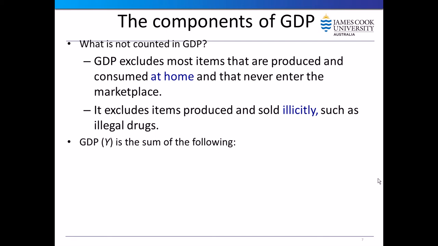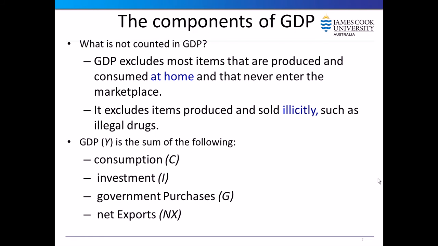And for GDP, we can classify it into 4 components. Consumption is, for example, the milk and bread that you purchase every day. Investment, investment by the firms, or you purchase a new house. This is counted as investment. Government purchases could be, say, the government decided to upgrade the Bruce Highway. So this is government purchases.